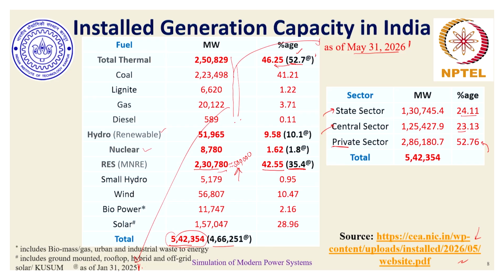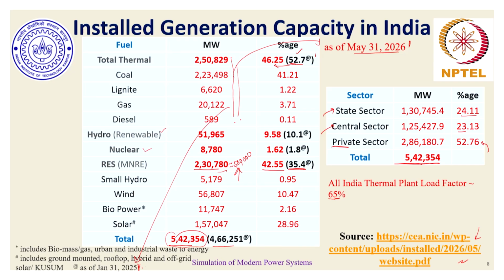And of all these numbers that we see, if we have to figure out the overall utilization of this 542 gigawatt, our thermal plant load factor has been close to 65%. Ideally, if it is close to 100%, it would indicate that whatever power is being generated, the same power is being utilized over a year.